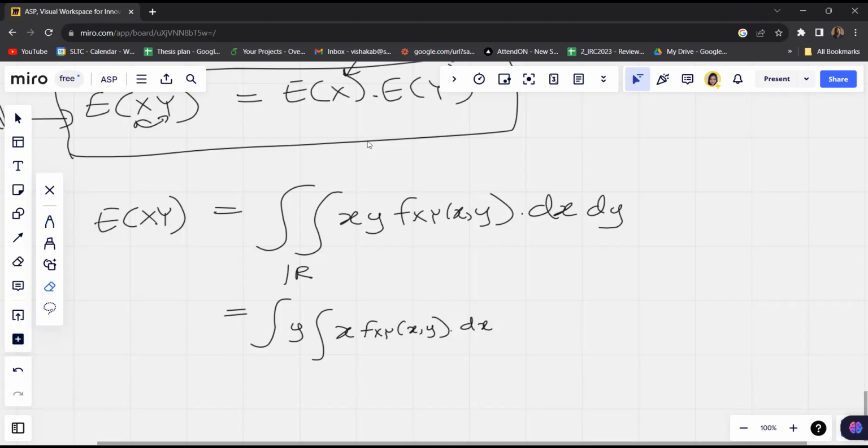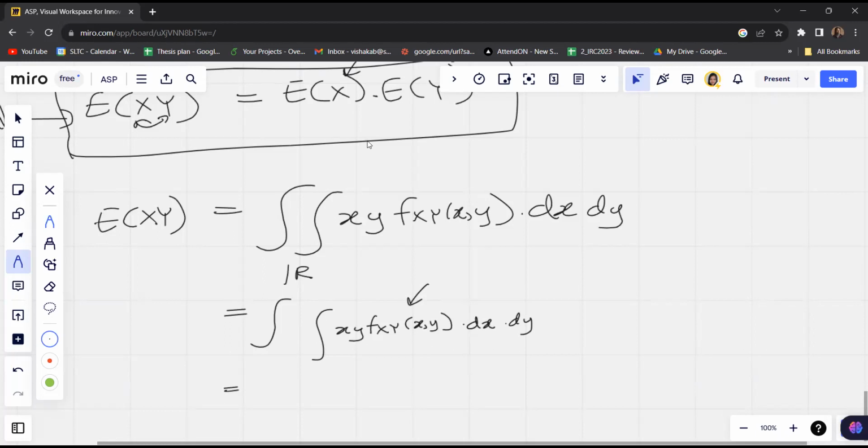So we cannot take y out. The joint distribution function also, we need to consider based on the two random variables.